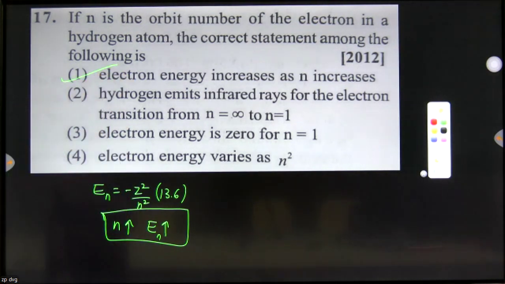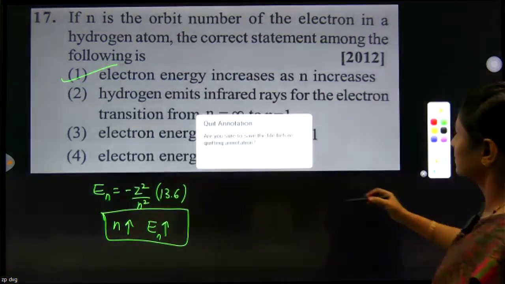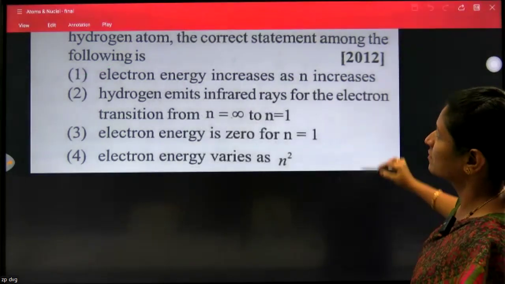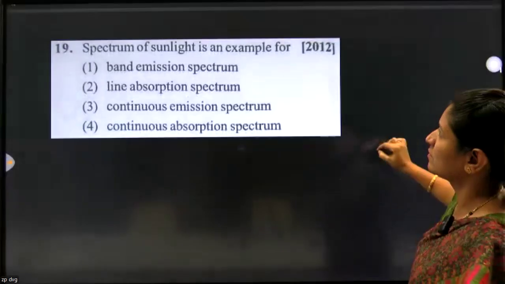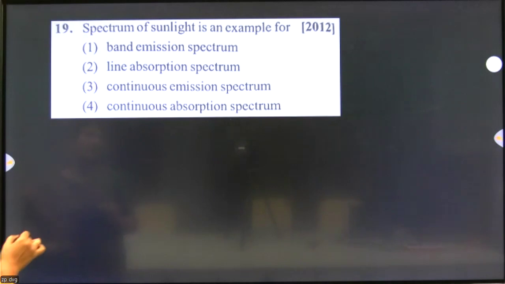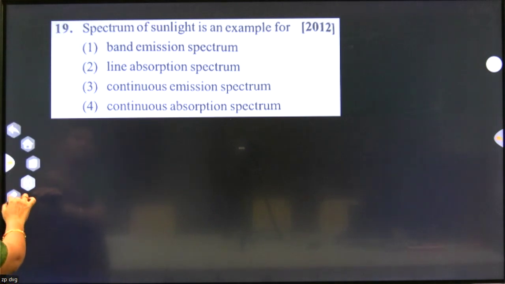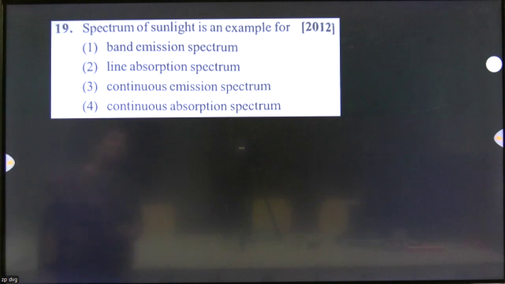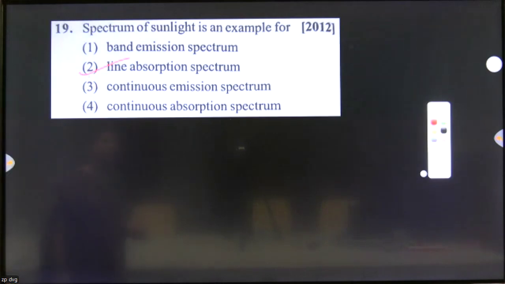Next, the solar spectrum is an example for line absorption spectrum.